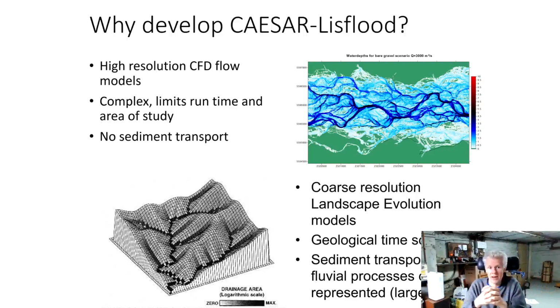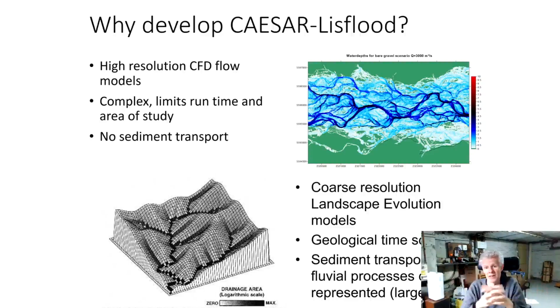On the one side, you had very high resolution computational fluid dynamics models that could model water flow and sediment transport fairly well, but they were complex. They required lots of computing power, and they still do. And because of this, they often were limited in the spatial areas they could model, because of the model complexity, you can only model with a certain number of grid cells, for example.